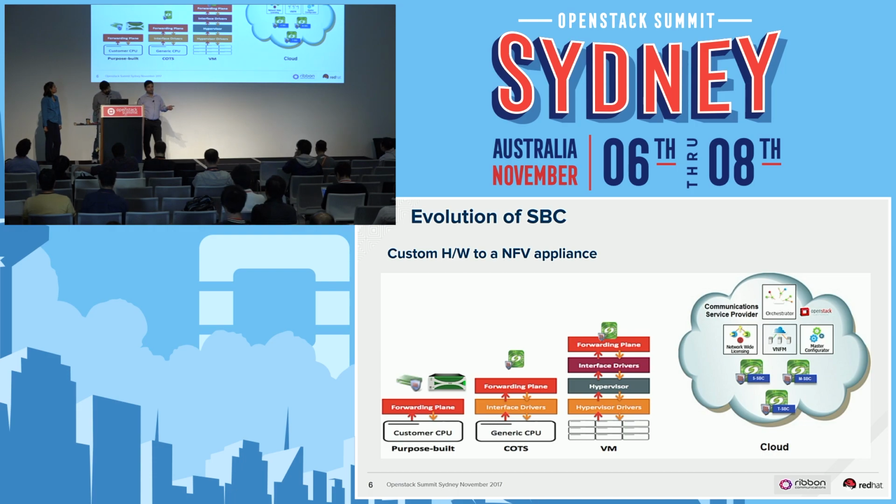Then they have normal Intel CPUs or generic CPUs to handle your SIP signaling or control plane, which could be SIP or H.323. When you evolve to an NFV, the first and foremost goal is to get it working on a Linux OS or custom-built COTS server. Then you virtualize it. Then the next evolution is migrating it to identical instances in cloud, by which you can stamp out each of the instances and scale at a higher rate.